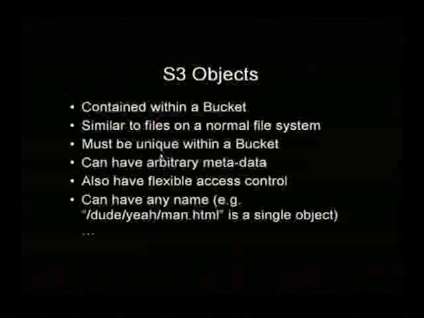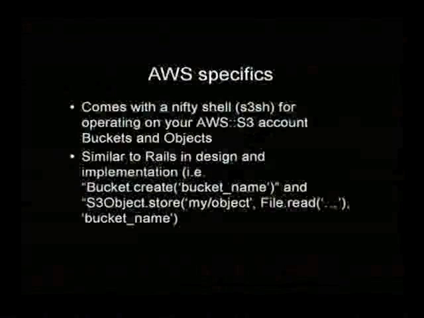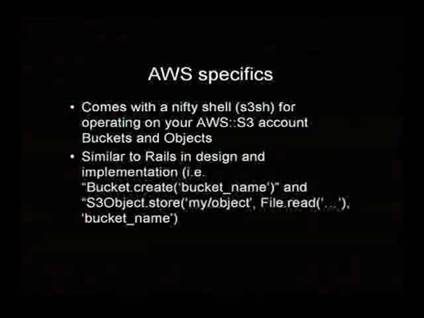So that's how objects work, and the AWS S3 library comes with a really nice shell, so you can manipulate your objects, change stuff while you're learning it, and then once you have a product running on top of S3, you can go in and just make sure everything's running well and all that kind of stuff.